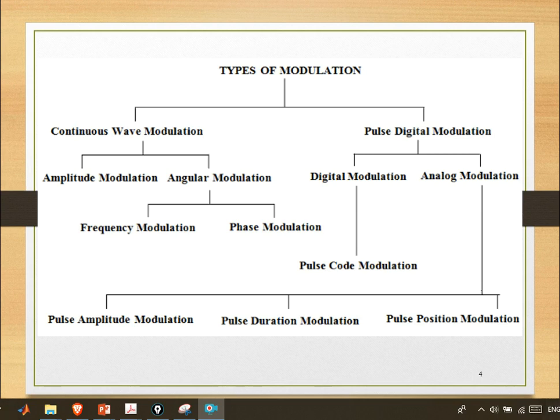We are continuously changing the amplitude level of the sinusoidal carrier according to the information signal. We are continuously and instantly changing the frequency or phase of the sinusoidal according to the message signal. That can also be sine or rect or whatever.